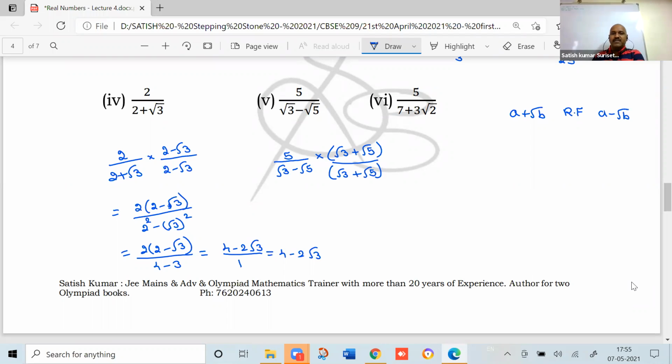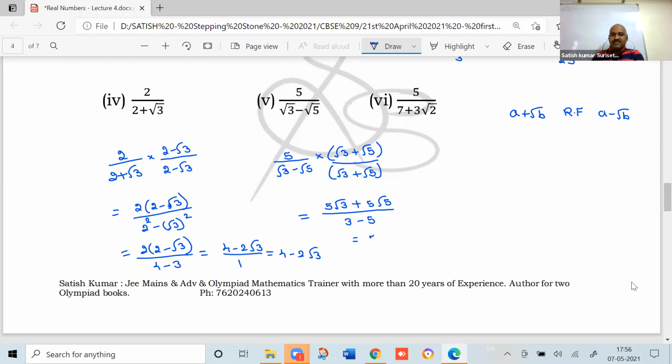Now the numerator: tell me what you will get when you multiply with the 5. You will get 5 root 3 plus 5 root 5. Good. Upon, again a minus b into a plus b, so a square minus b square. Root 3 whole square minus root 5 whole square means 3 minus 5.